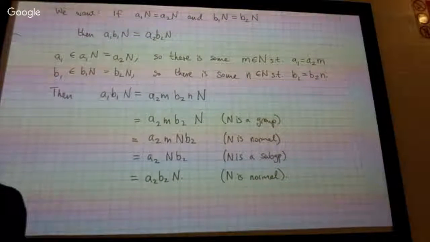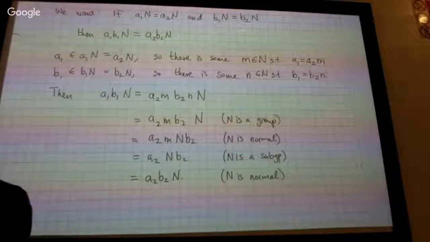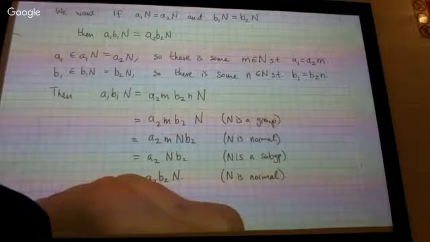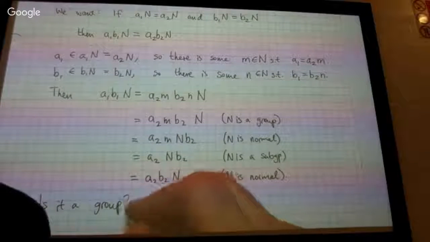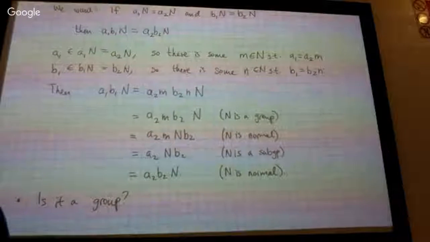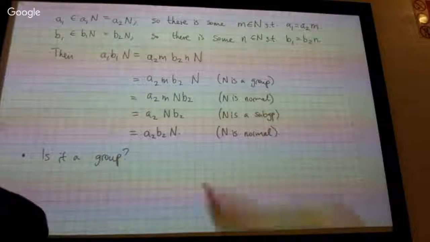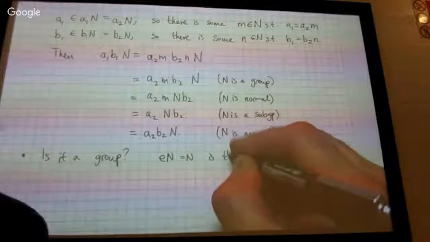So we've shown that the order is easy. What else does the theorem say? That it's a group. So is it a group? So far, we've only shown that the operation actually is an operation. Is it a group? Well, eN, so that's N, is the identity.